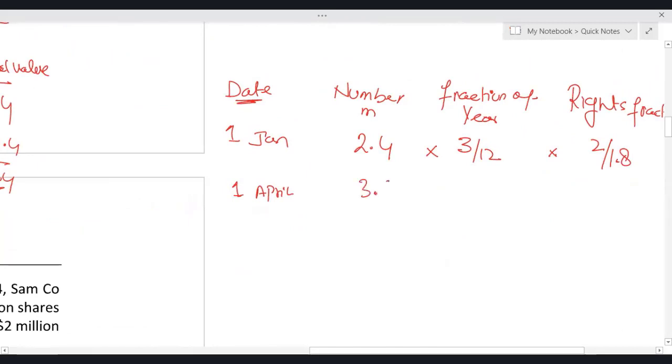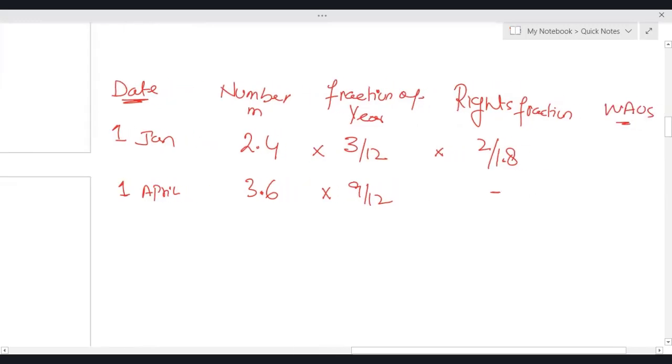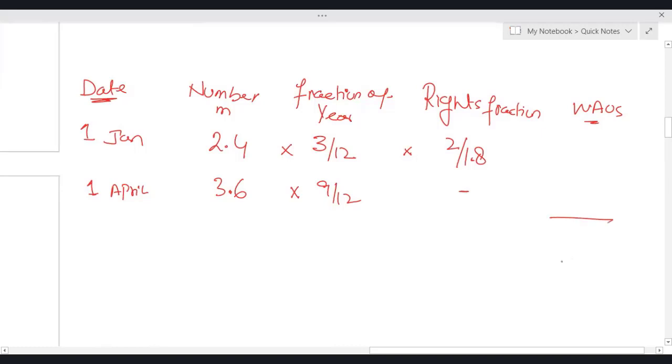3.6 million after the right issue. Nothing has happened in the entire question after that, so the fraction of the year will be 9 upon 12. And there's no rights fraction because the rights fraction is only applicable to those shares that were there before the right.